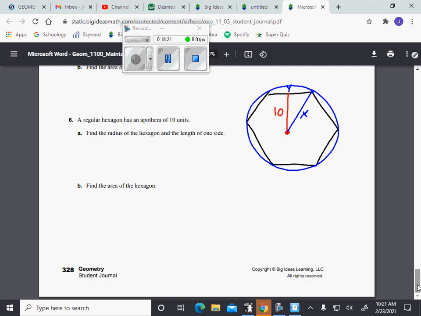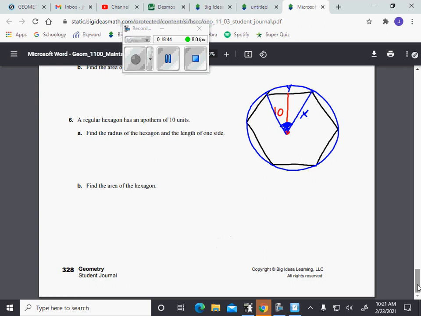What do we need to know to solve for one of those? Well, we need to either have 2 side lengths in order to solve for a third, or we need to have an angle and a side length. Okay, and that's my question. Can we find this angle here? The answer is yes, right? That's the central angle.